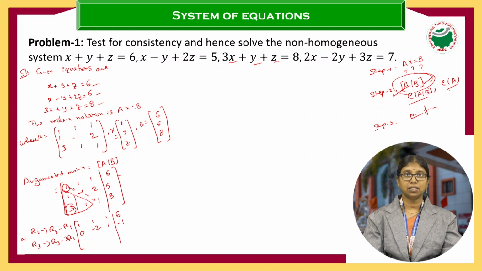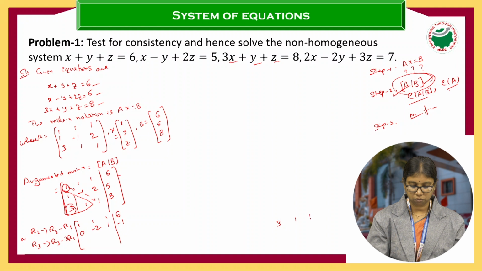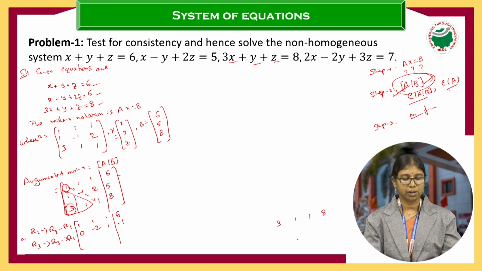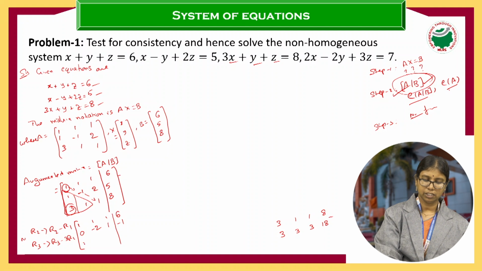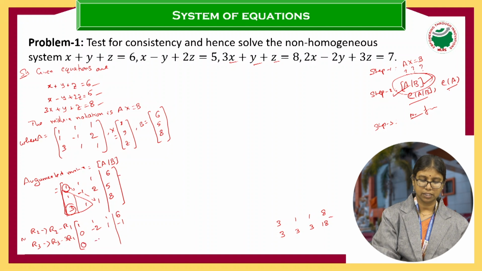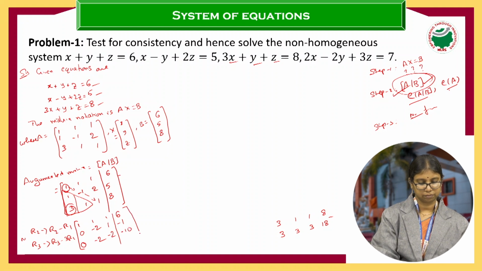Next, R3 minus 3R1. R3 is 3, 1, 1, 8. 3R1: multiply the first row by 3, that is 3, 3, 3, 18. Now by subtracting you will get 0. 1 minus 3 is minus 2. 1 minus 3 is minus 2. 8 minus 18 is minus 10.